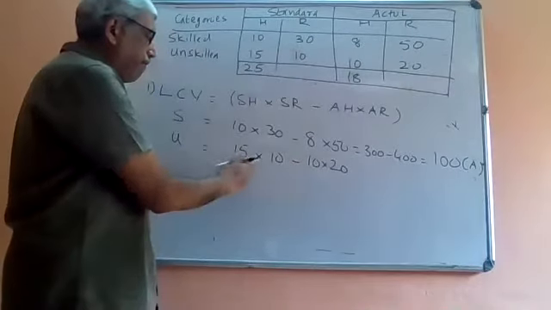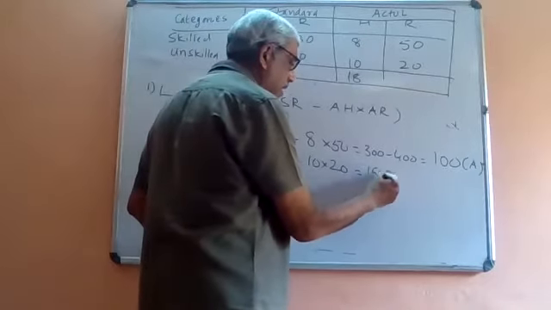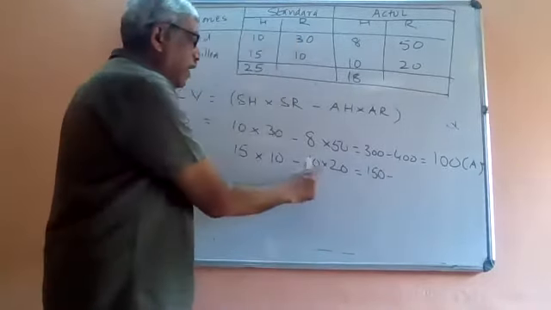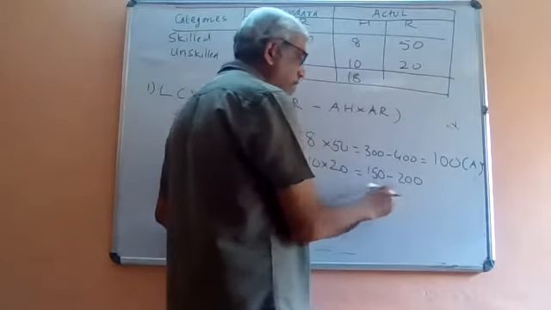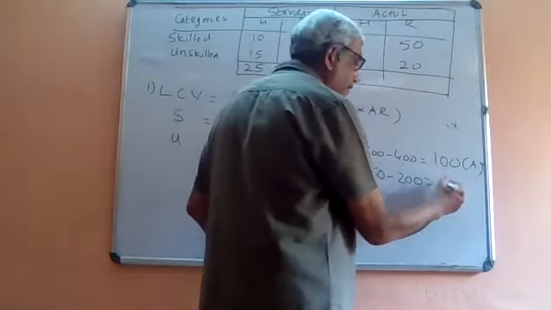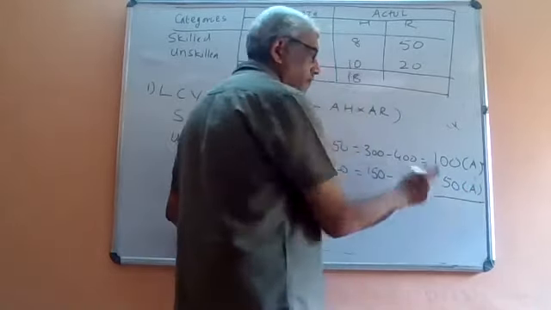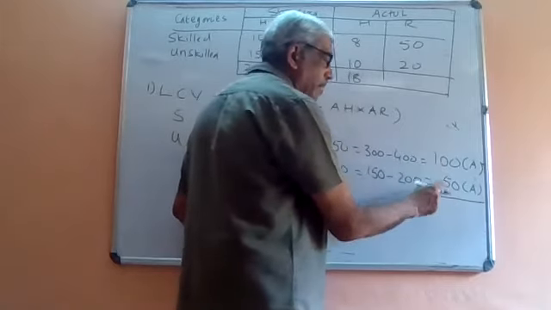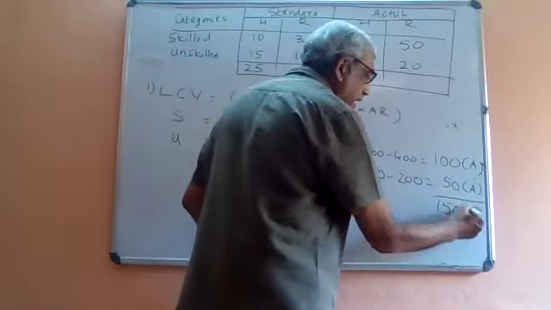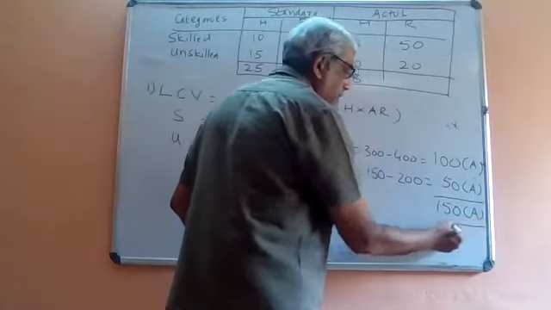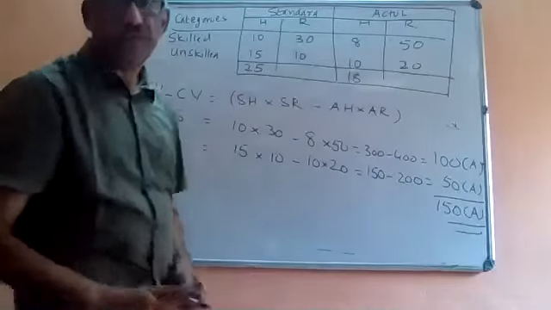Unskilled is 15 into 10 is 150 minus 10 into 20 is 200. So 150 minus 200 is 50 adverse. So 100 plus 50 is 150 adverse.